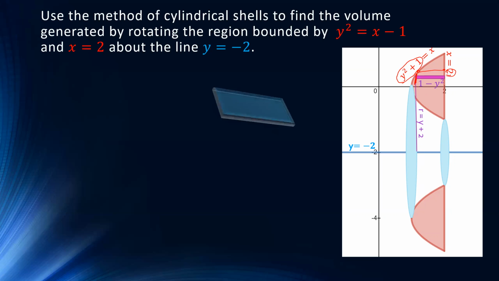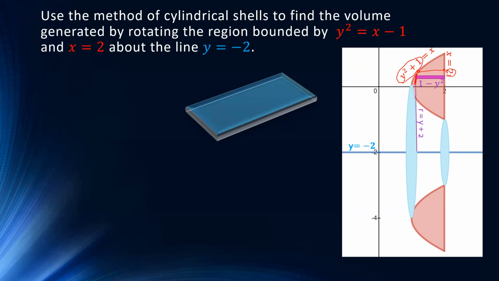Now let's take a look at that rectangular prism. Again, the height is 1 minus y squared. The length of that would be your circumference with radius y plus 2, so 2 pi r. And then the thickness of that is delta y.